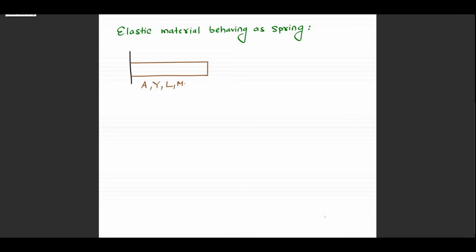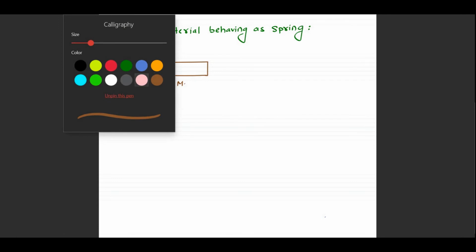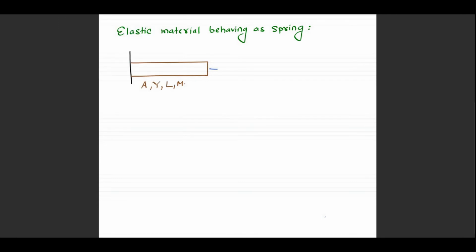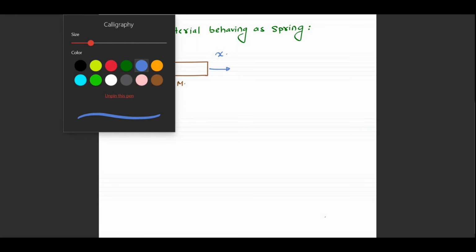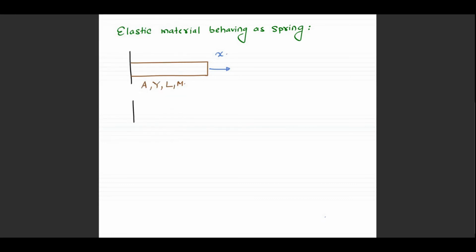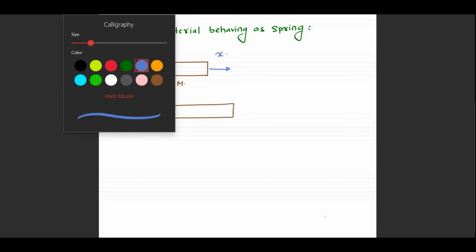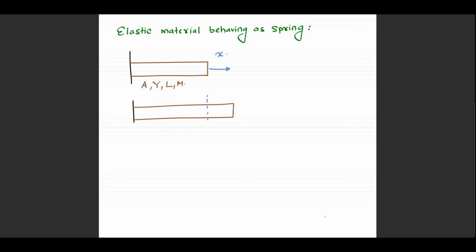Let us now discuss elastic materials behaving as springs. Now what happens? Say this rod is elongated by a distance of x. So the new orientation would be like this. This was the natural equilibrium position.